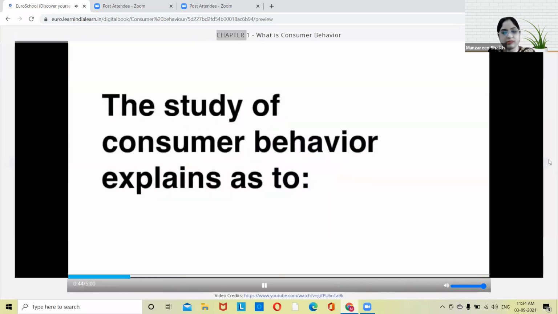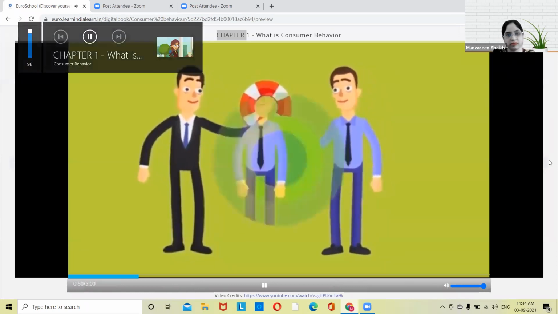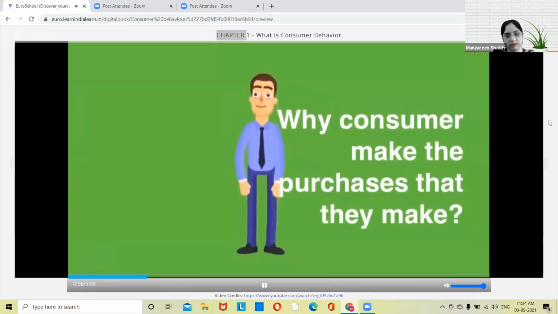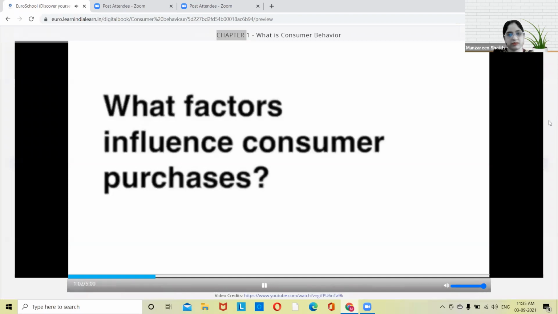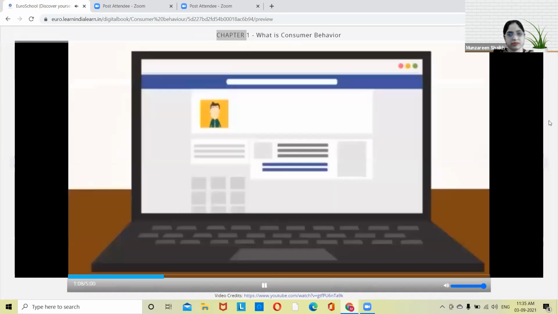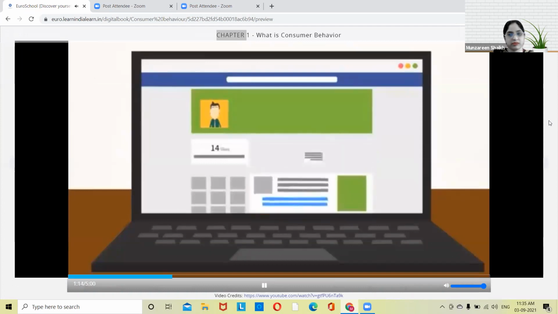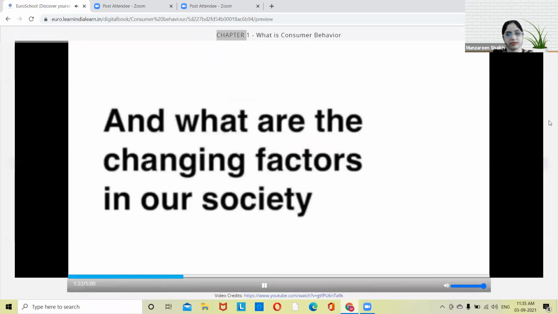The study of consumer behavior explains why consumers make the purchases that they make, what factors influence consumer purchases, and what are the changing factors in our society.